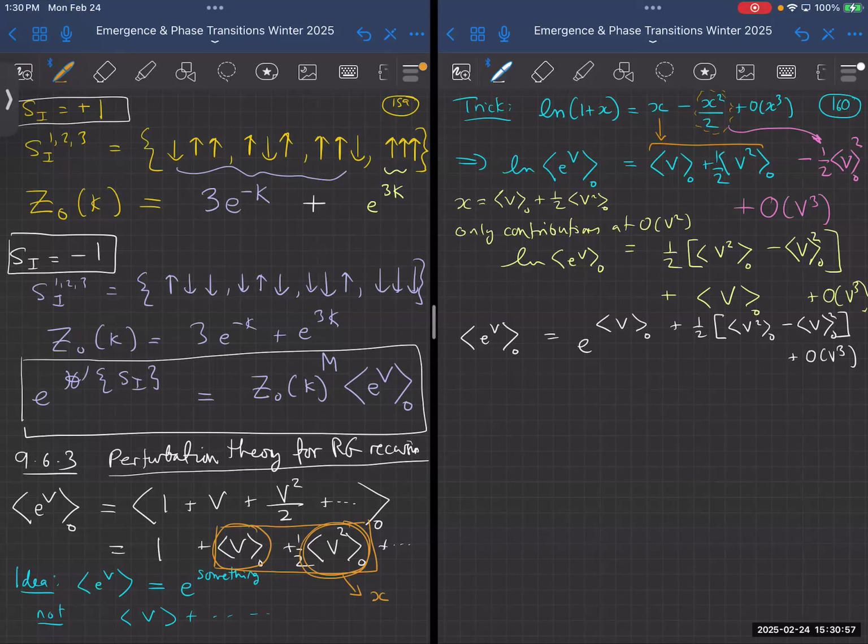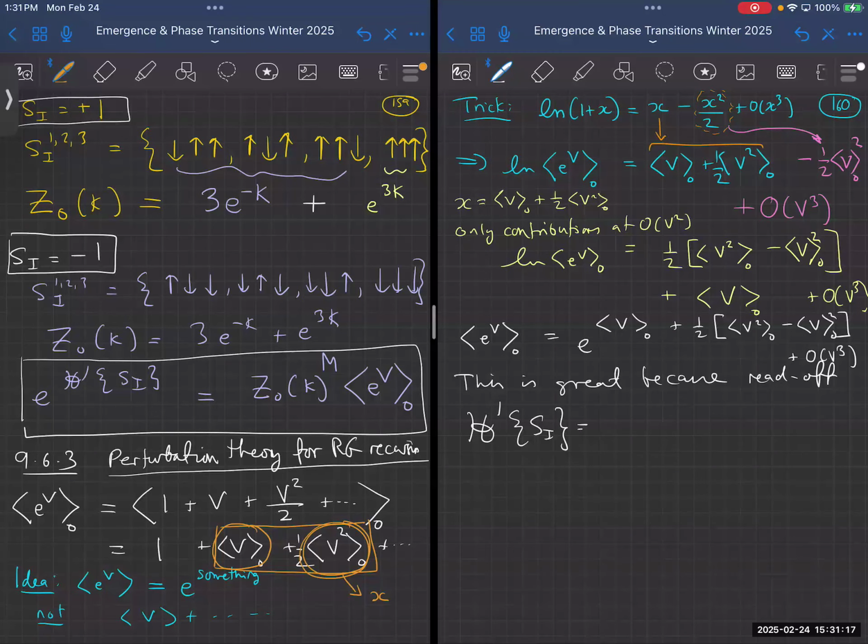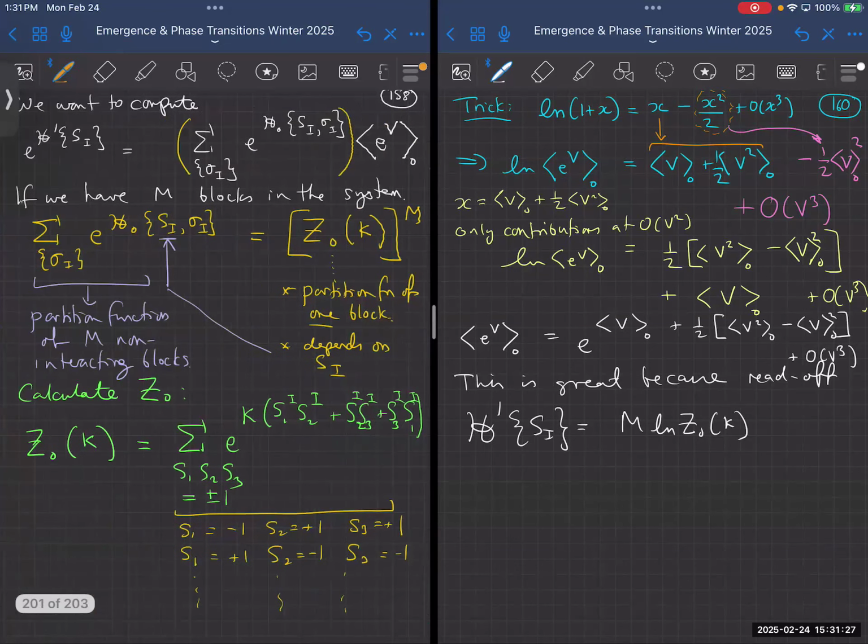So the great thing about this is that now we can read off that the effective Hamiltonian is just m log Z naught of K. That comes from this factor in the front here of Z naught to the m.